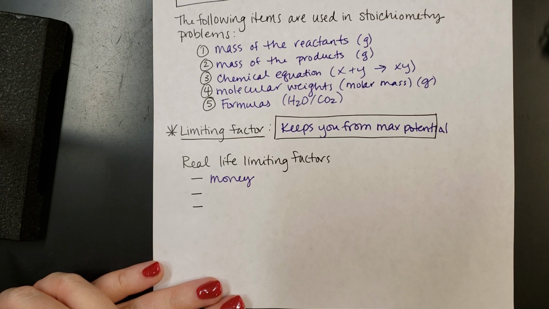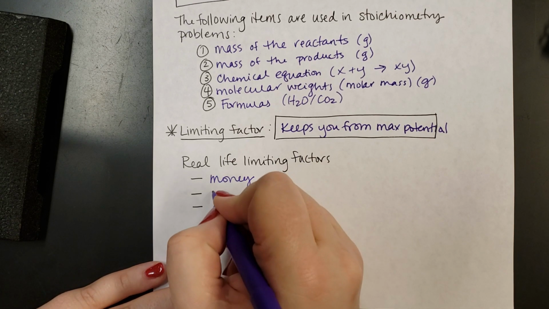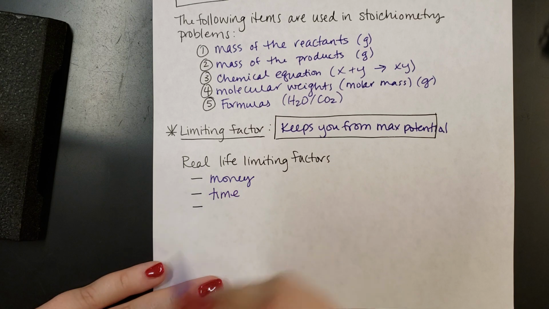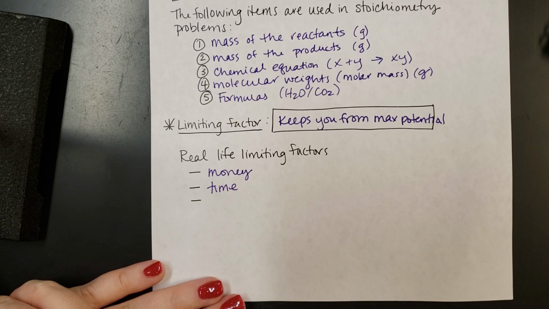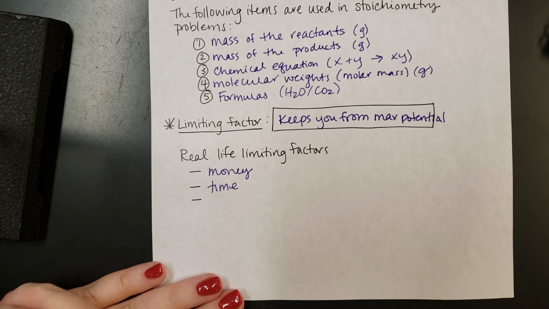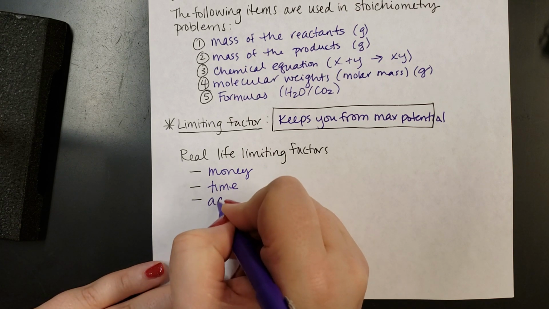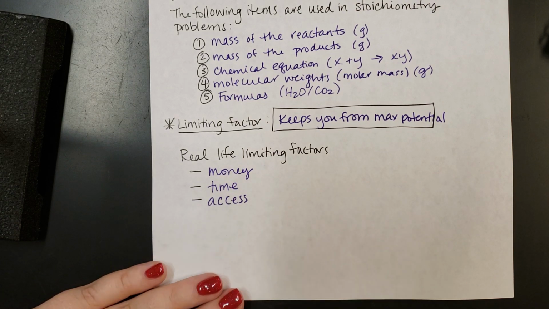Something else is there are a lot of projects and lots of labs that I would like us to do in class. However, we are limited by time because I only see you a certain number of days in the year. And another limiting factor in real life could be considered access. So if there's a place that you want to go, but you got to have a ticket and you didn't get a ticket, you are not allowed access.